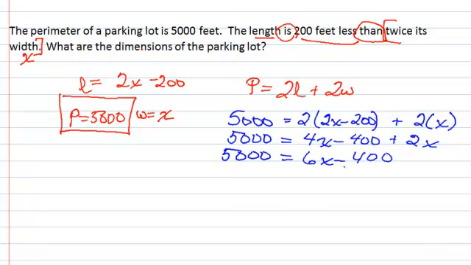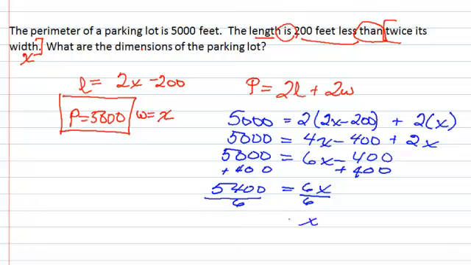Going to get my variable term alone, add in the opposite. And when I divide out the coefficient, I get x is equal to 900.